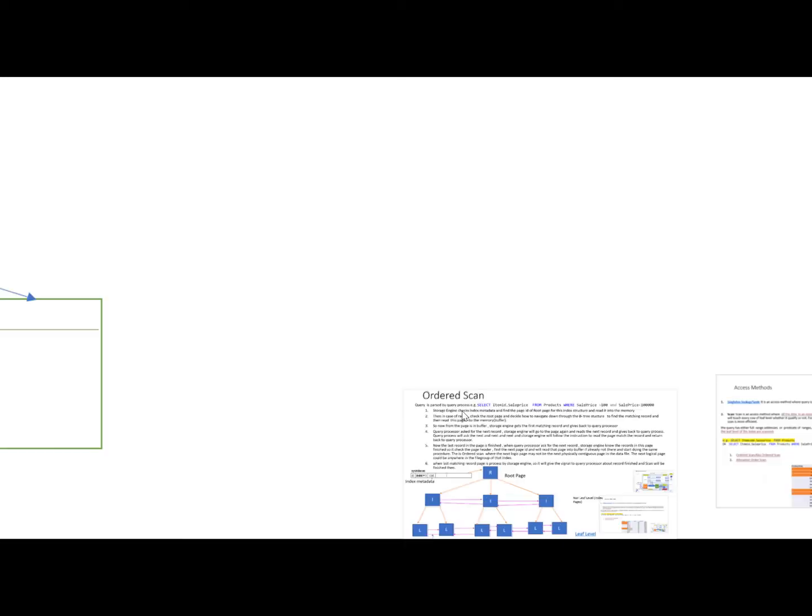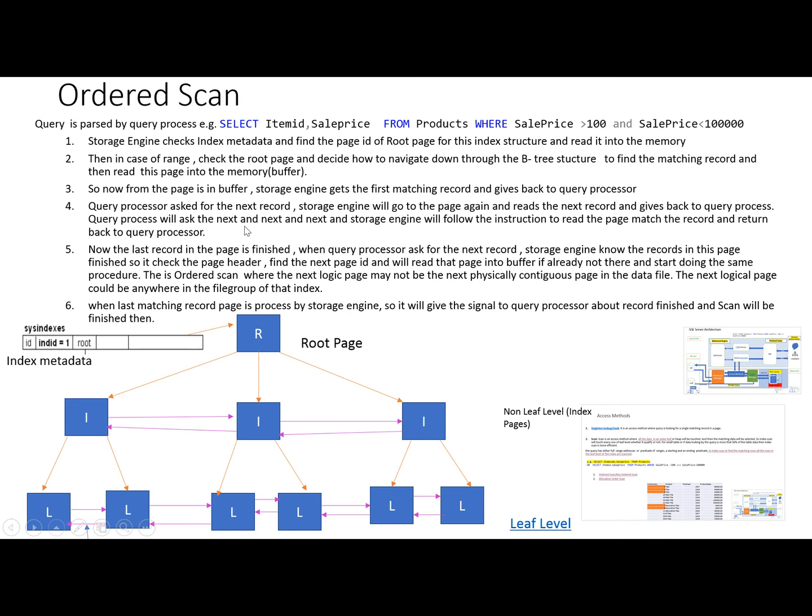While in the ordered scan, as we have seen in the previous video, the storage engine first reads the root page from the index metadata, and from this root page it knows how to traverse through the index structure. From the index structure it will find the first matching record at the leaf level, and then it will follow the page IDs to find the next page, and then the next page, and the next page.